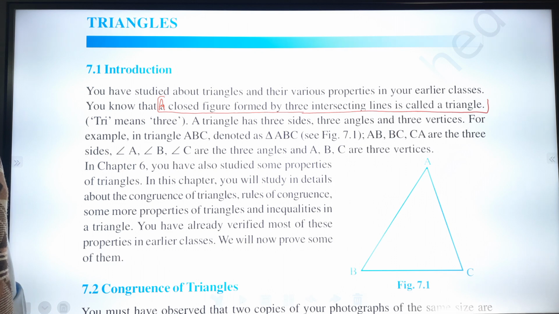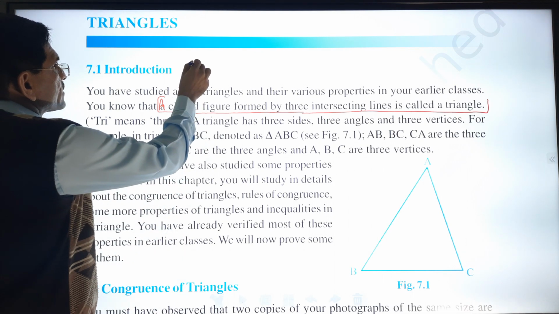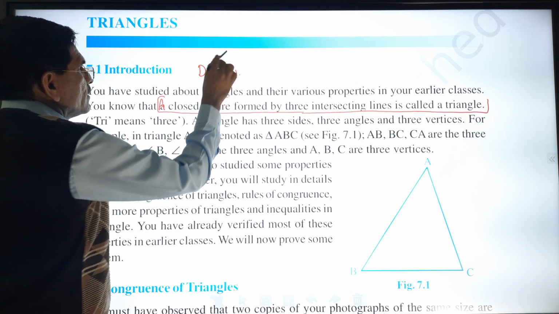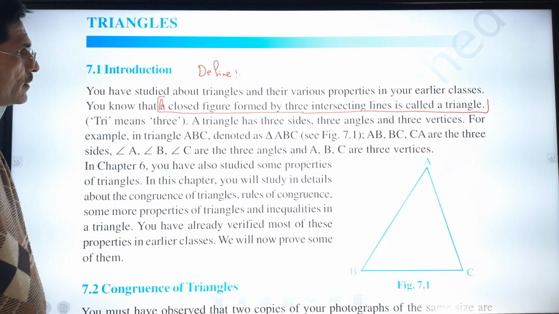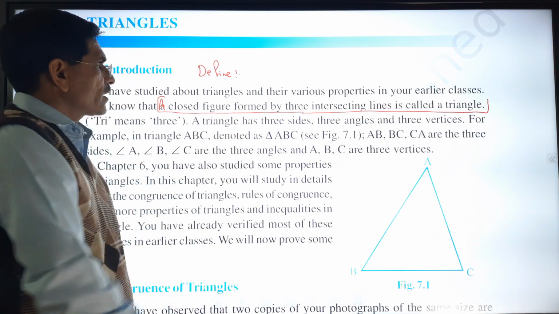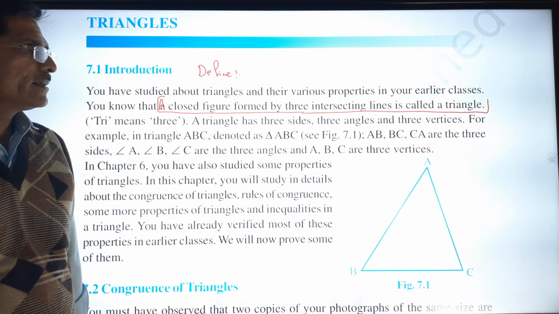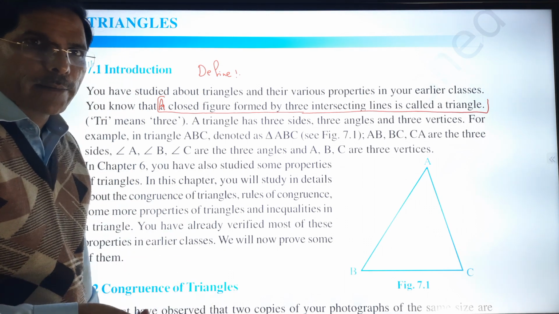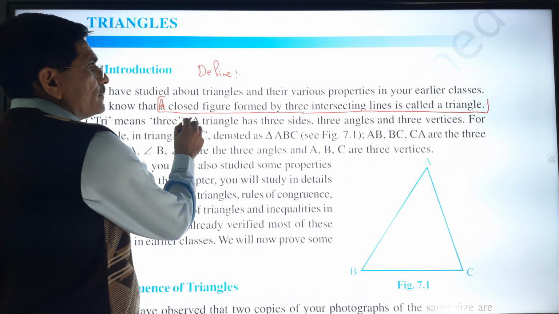In your introduction, definition first, or define. What is a triangle? A closed figure formed by 3 intersecting lines is called a triangle. Now we can say something more about it. That is the second point.